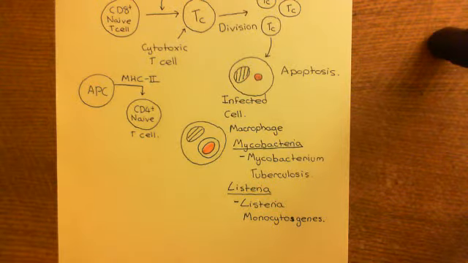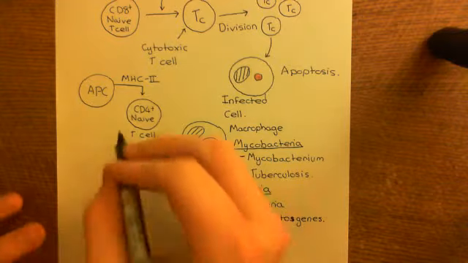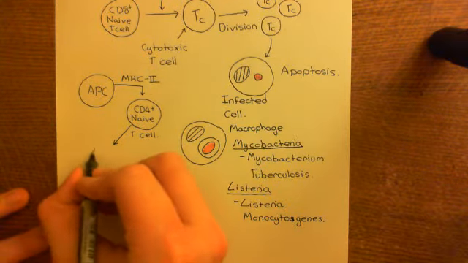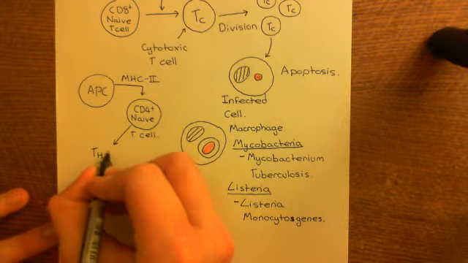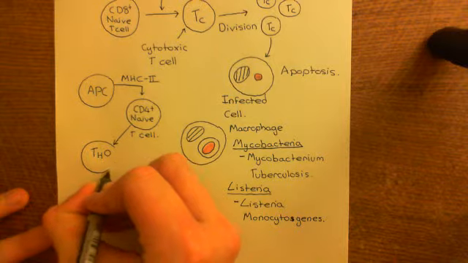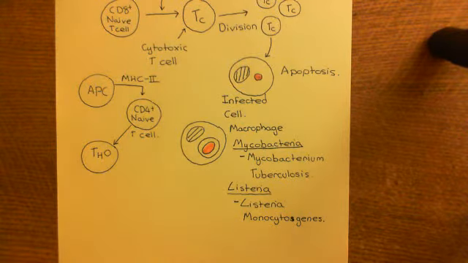Okay, so when you've activated this CD4 positive naive T cell, which will have a receptor on its surface perfectly matched for the antigen fragment that the antigen presenting cell has presented, this cell will differentiate into a T helper naught cell, abbreviated like so: T for T cell, the subscript H for helper, and then 0 for naught.